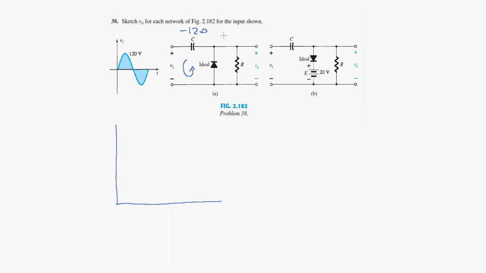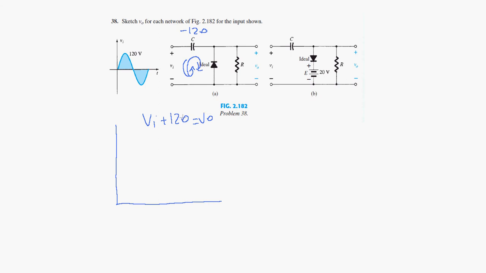And so then we look at the positive cycle again, and we'll have Vi plus 120 is equal to V naught. So as you can see, we have shifted the voltage Vi by 120 volts.